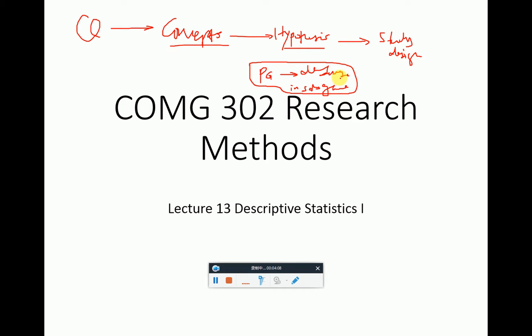So, given this question, you can start to design a survey to verify your hypothesis to see whether your hypothesis is correct or not, right? So you can say, well, let's ask people around to see whether or not people are indeed playing Pokemon Go. And whether, when people are playing Pokemon Go, they're playing other games or not, right?